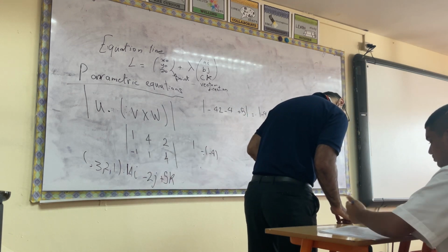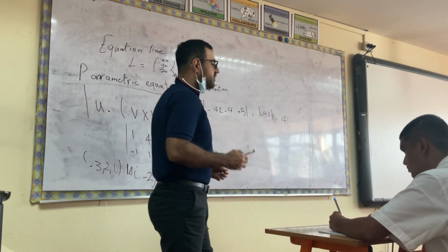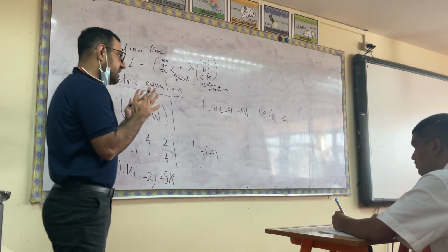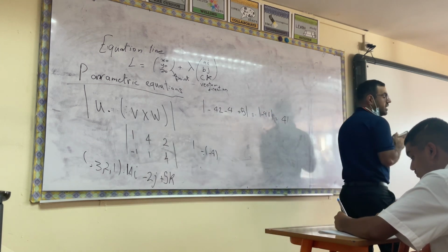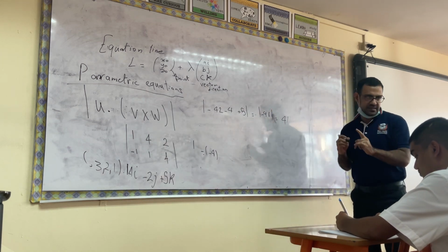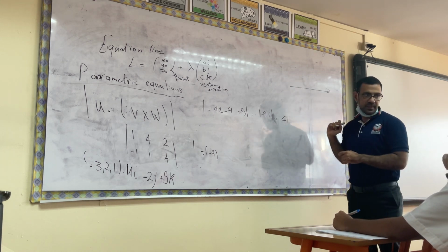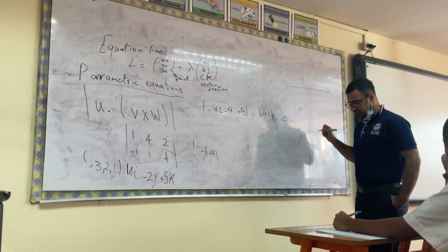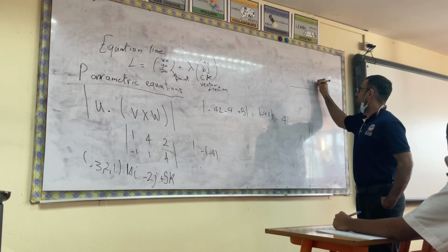Find the area of the face determined by U and V. For the area, do I use scalar or cross product? Do you remember for area? Scalar, I make the vector bigger. Scalar is only magnitude, so let's say I have a stick of 10 centimeters.